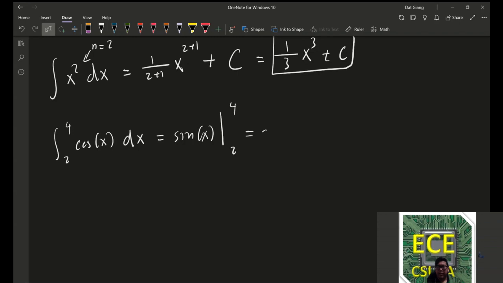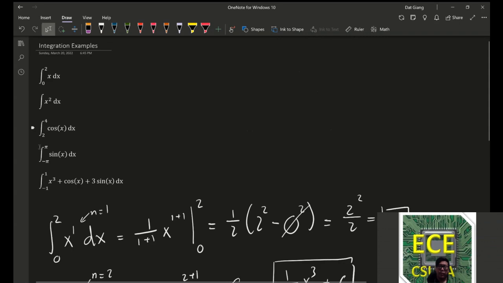We have sine of 4 minus sine of 2. In this situation, we have to assume that 2 and 4 are in radians, because plugging in simply 4 and 2 without noting that it's degrees becomes misleading.